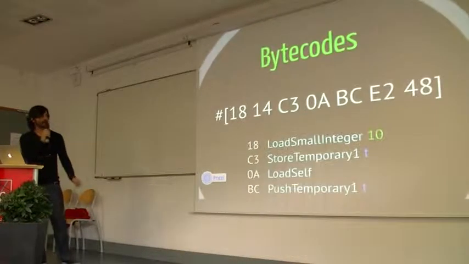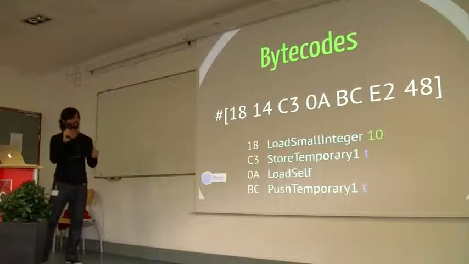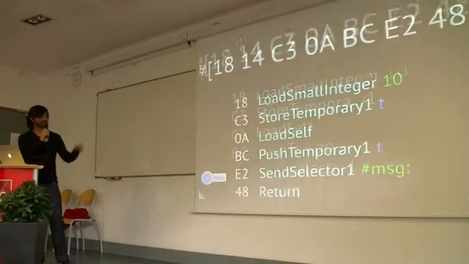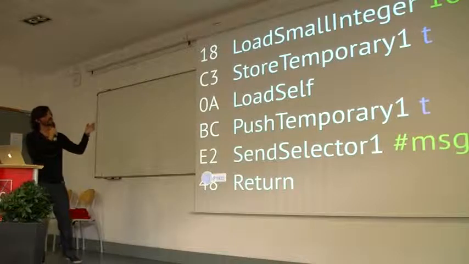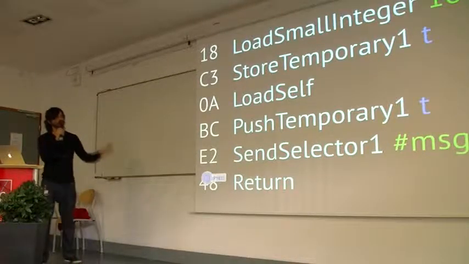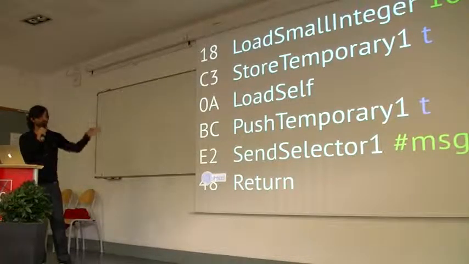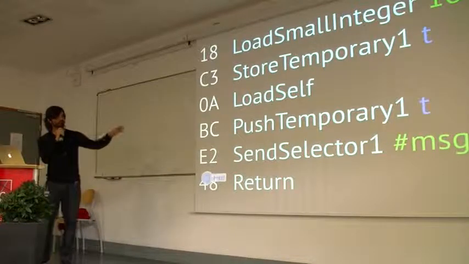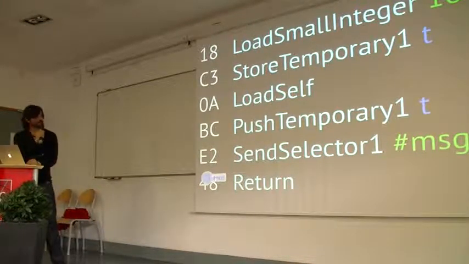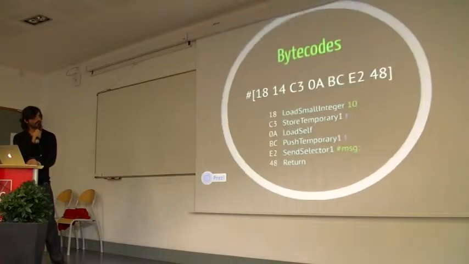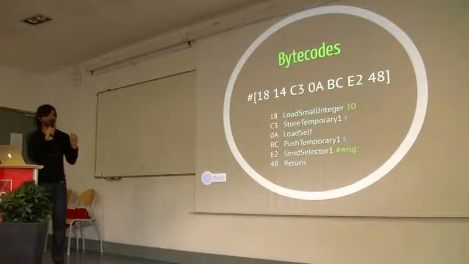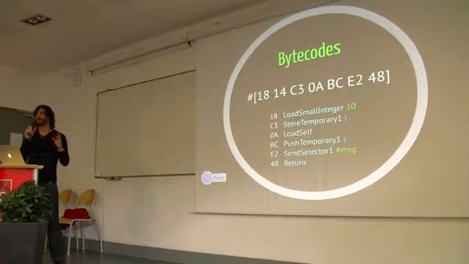And then we have the bytecodes corresponding to that method. For instance, we can see that the first 2 bytecodes correspond to the assignment, and then the following bytecodes correspond to the message send. This translation takes place at the image side.